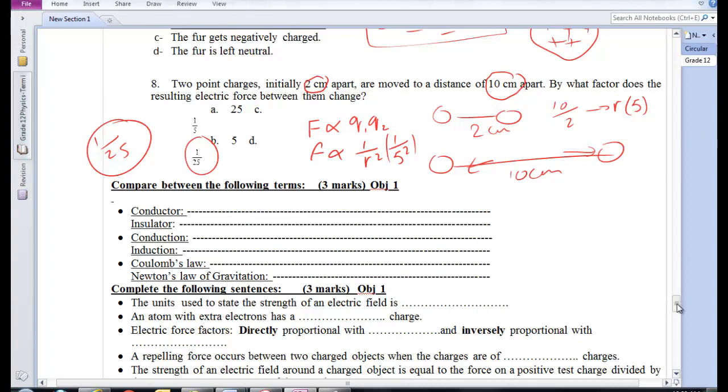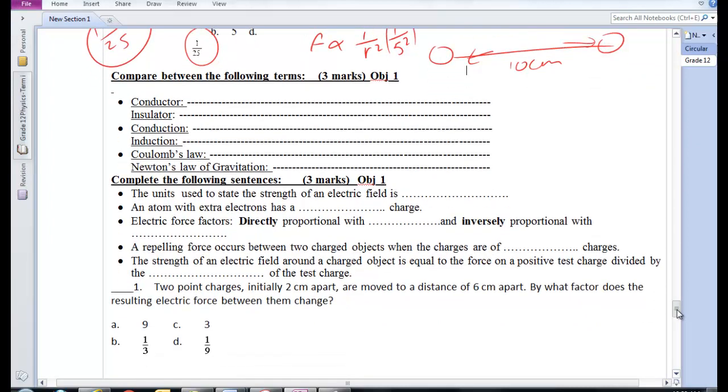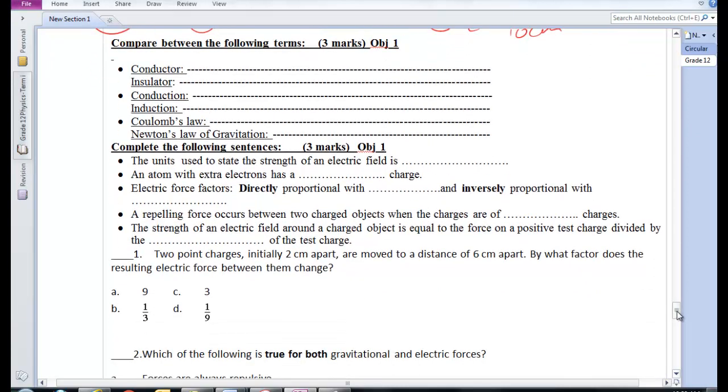Compare the following terms, conductors and insulators, which we mentioned in our previous revision. A conductor is a material that has low resistance and allows the electrons to move through. Insulators have high resistance and don't allow the charge to move through.